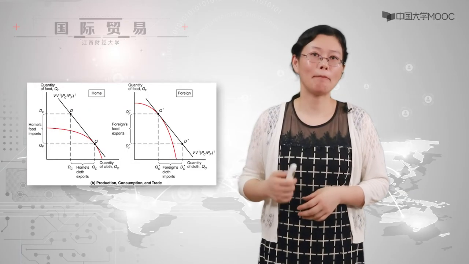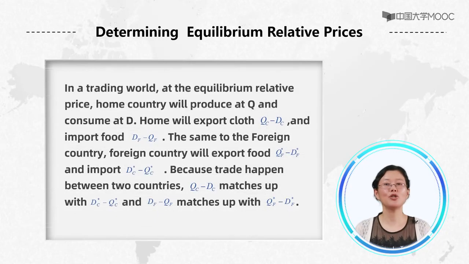Look at figure 1b. In a trading world, at the equilibrium relative price, the home country will produce at Q and consume at D. Home will export clothes, QC minus DC, and import food, DF minus QF. The same goes for the foreign country.